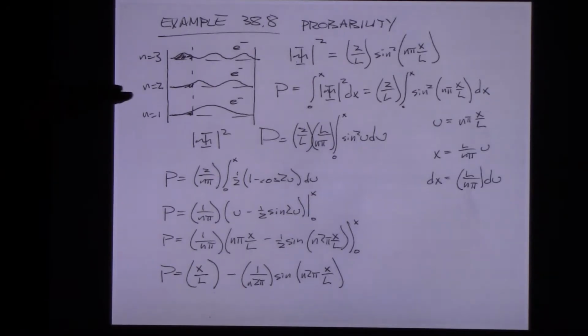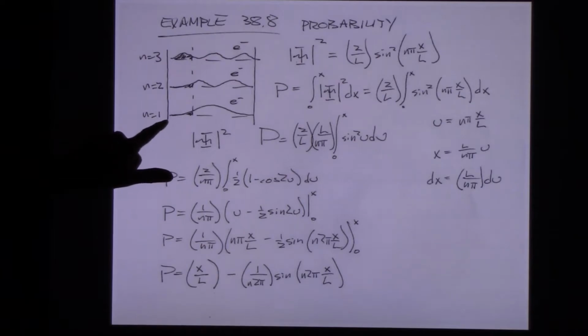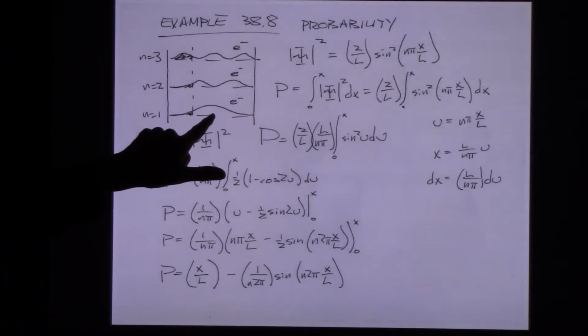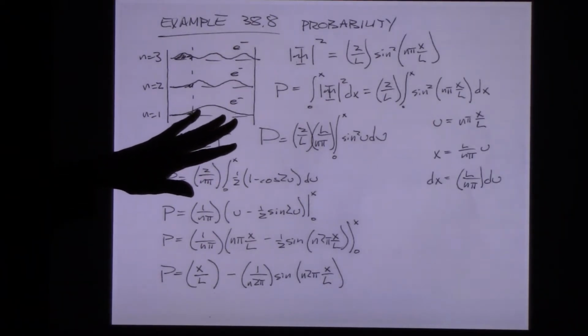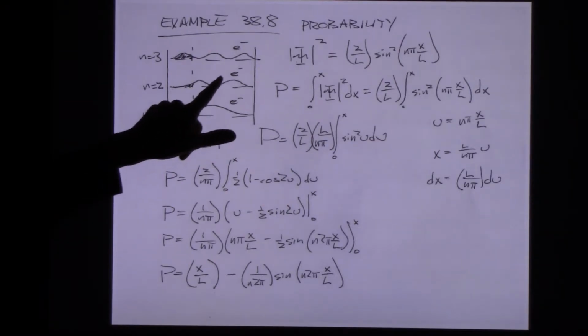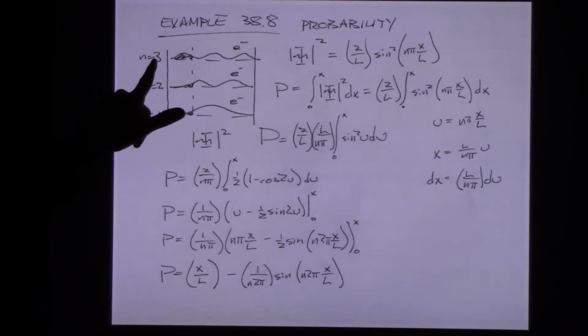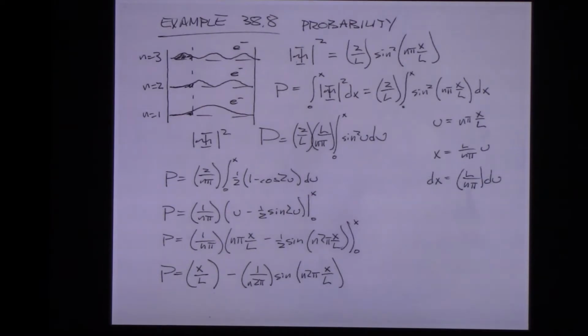Now, I drew wave functions 1, 2, and 3, and wave function 1 has 1 peak, kind of mostly in the middle, and wave function 2 has 2 peaks, and wave function 3 has 3 peaks. Now, we keep looking at these pictures. It's worth stopping and asking what's going on here.